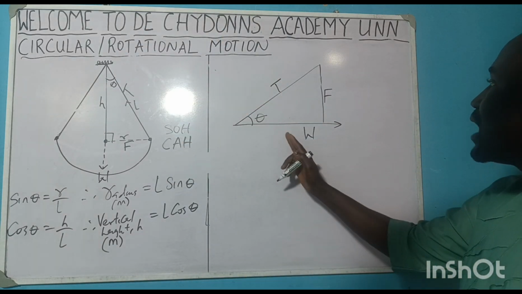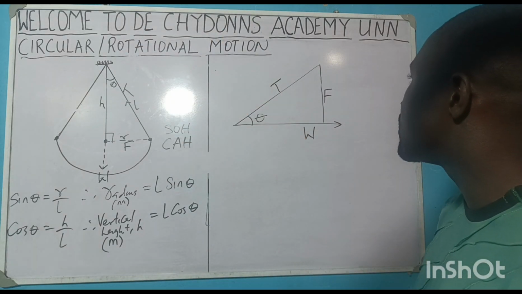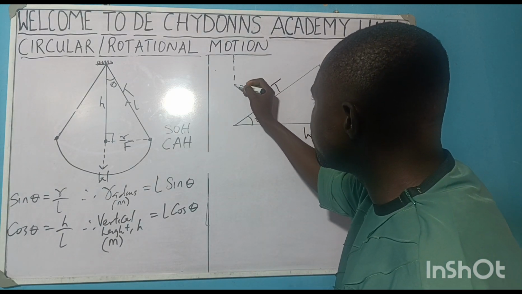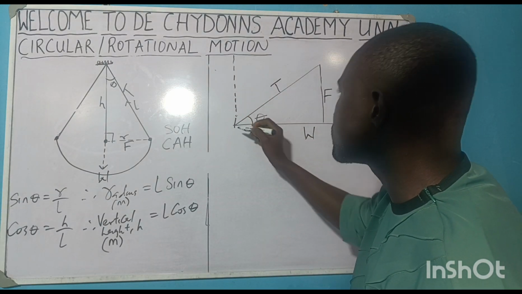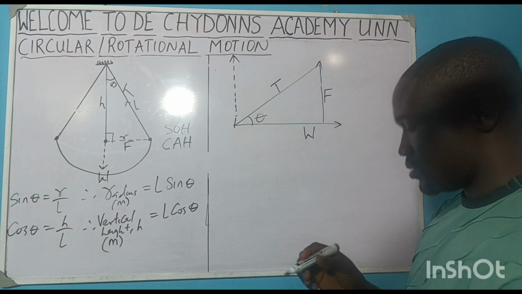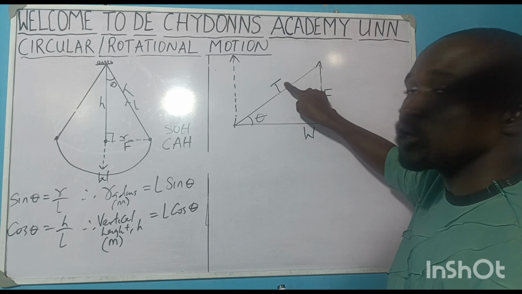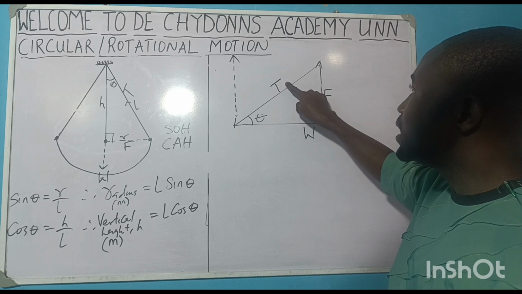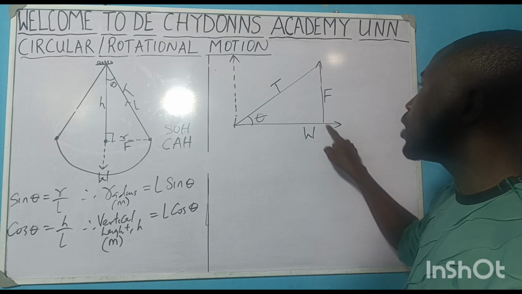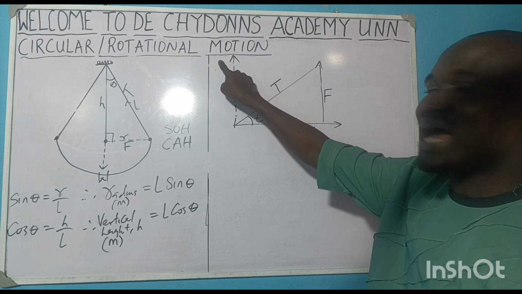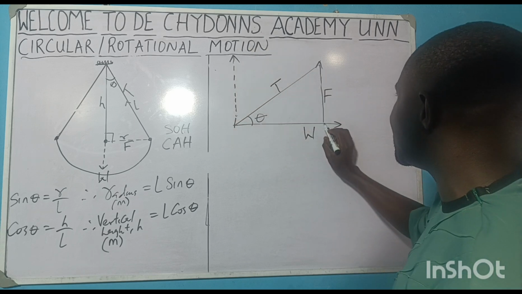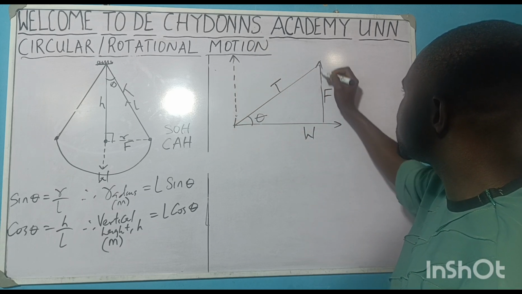Now as you have it like this, note that there is what we call resolution of vectors. This tension is in between the vertical and the horizontal, so I will give the share for the vertical and the share for the horizontal. Remember that this vertical is opposite to this force.